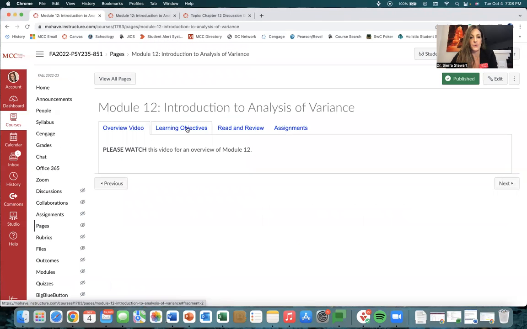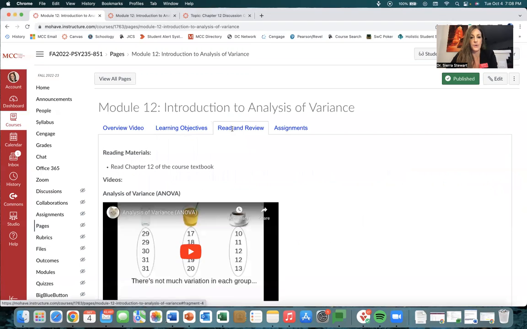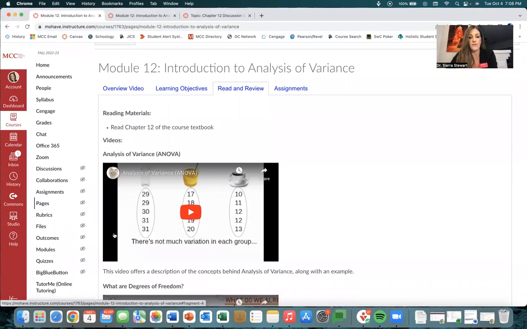So go ahead and look over your learning objectives and your reading review. In the reading review folder, you're going to see a video about ANOVAs. ANOVA stands for analysis of variance. An ANOVA test is a type of test used to determine if there is a statistically significant difference between two or more different groups.